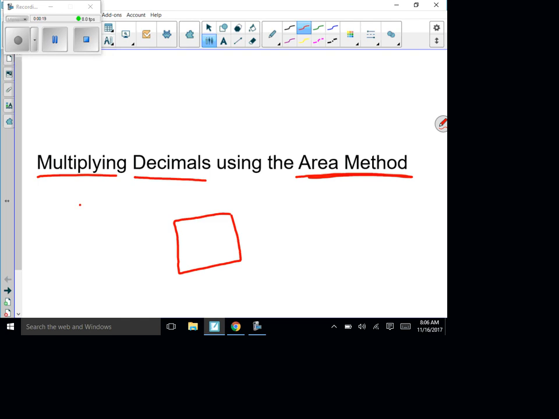Say we were doing like 63 times 15. A 6 would be worth 60, and the 3 was worth 3, then the 1 was worth 10, and the 5 was worth 5.